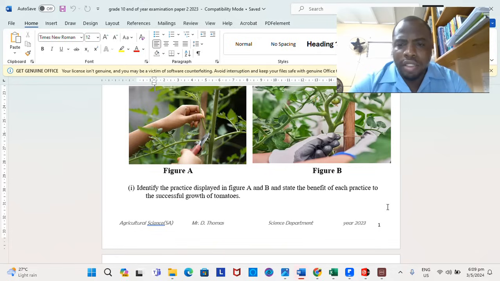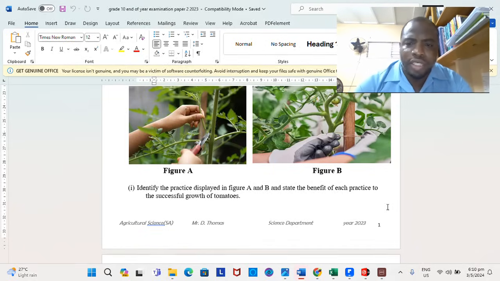Now in figure B, we basically see the concept of a cord that is around the tomato stem, and there's a stick in the midst of the plant, and what the individual is doing right now is staking.